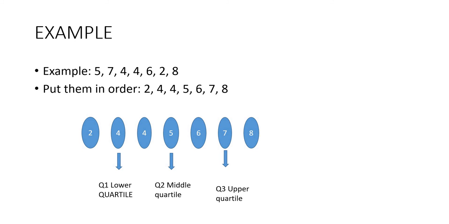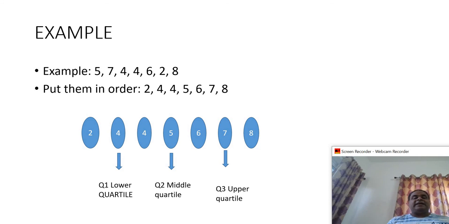We have put the numbers into ascending order: 2, 4, 4, 5, 6, 7, 8. So we divided this set of numbers into groups, and these three quartiles we have are Q1, Q2, and Q3.